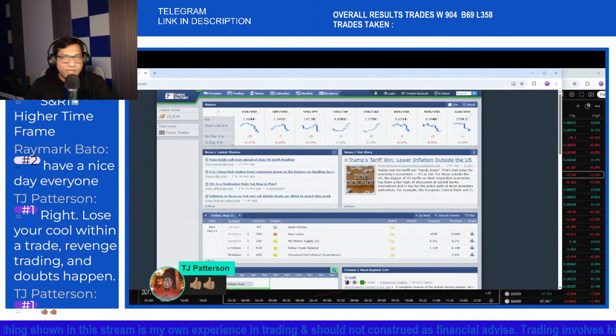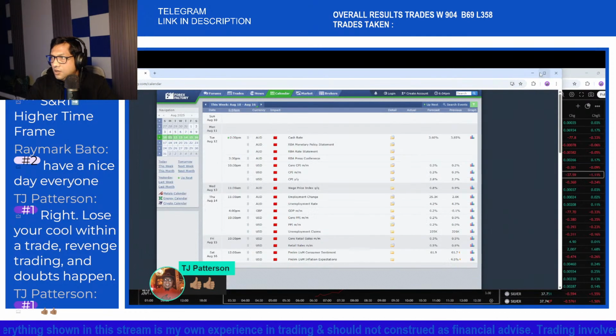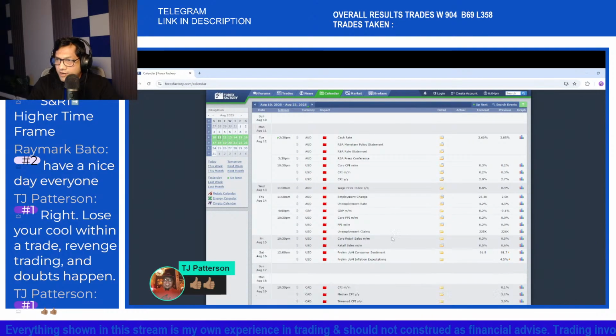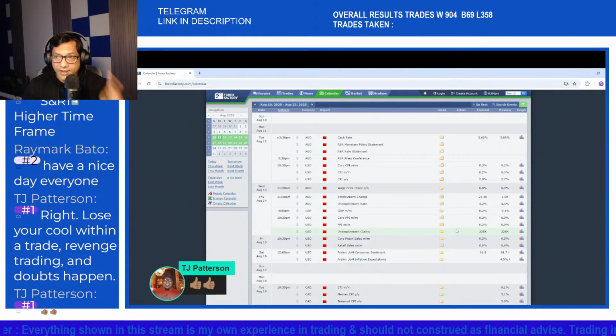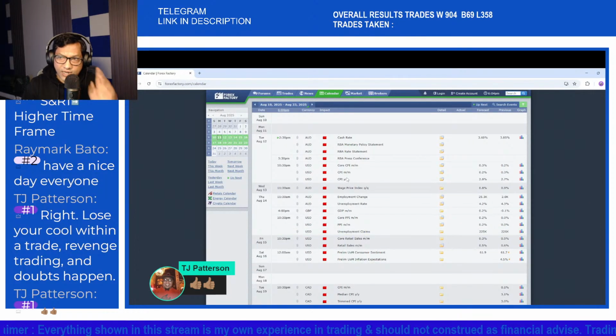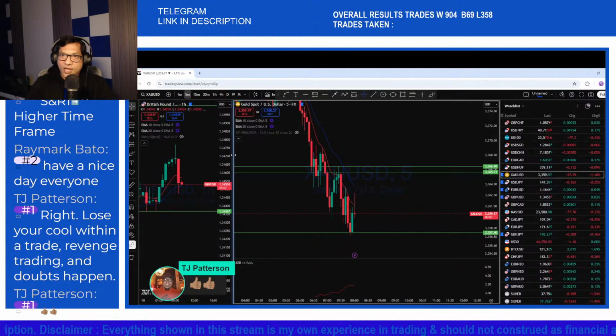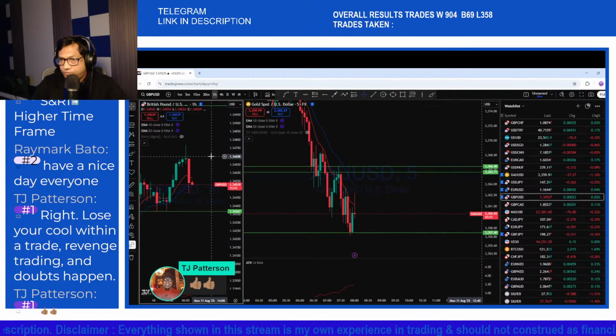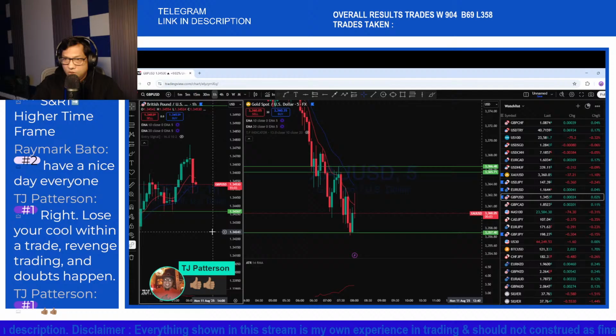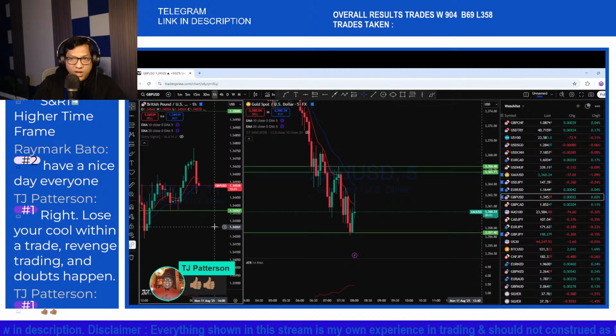Looking at the calendar here, we can see that tomorrow AUD news is coming up, and that's a very important news event for you. So we will also be keeping an eye on AUDUSD. Let's wait and see as well. Along with GBPUSD, AUDUSD would behave in almost the same way.